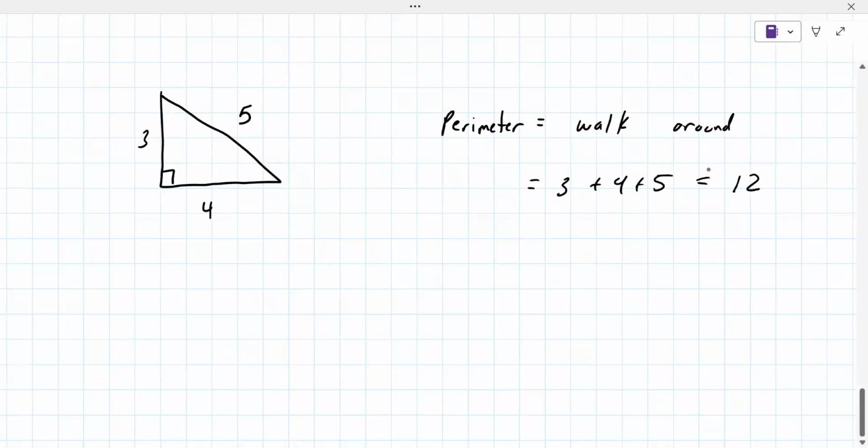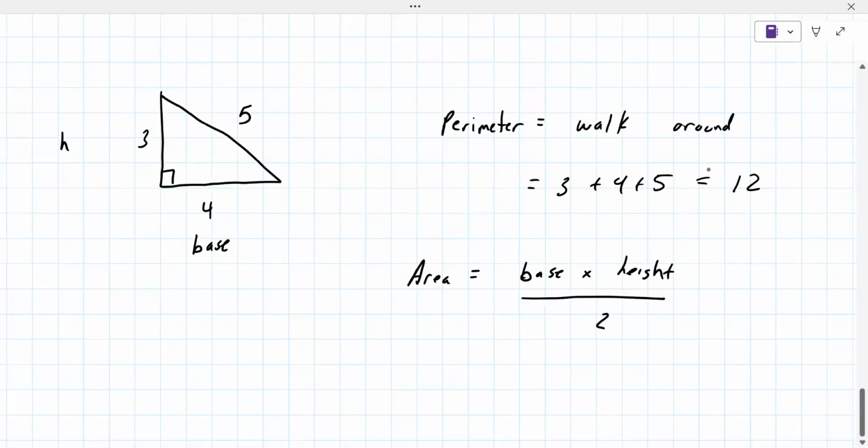Okay. So the area is more complicated. So you want to get this down. The area is a formula. It's base times height divided by 2. Okay, and for a while here, I'm going to actually label the base and the height for you to make this less complicated.